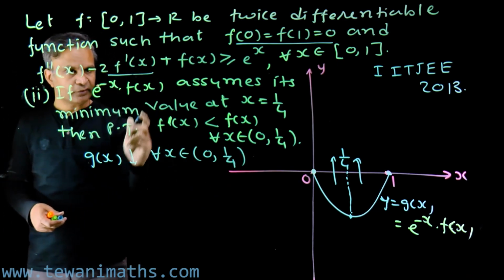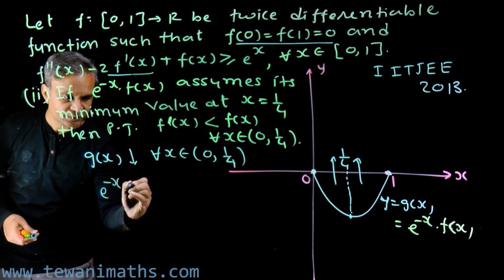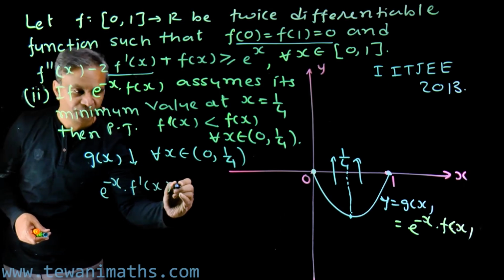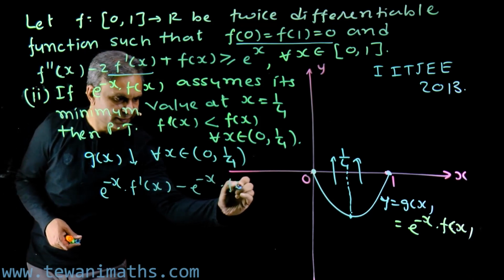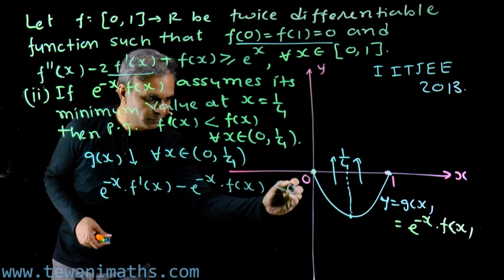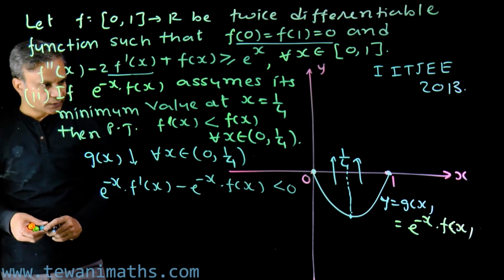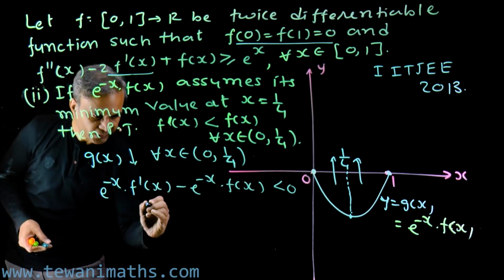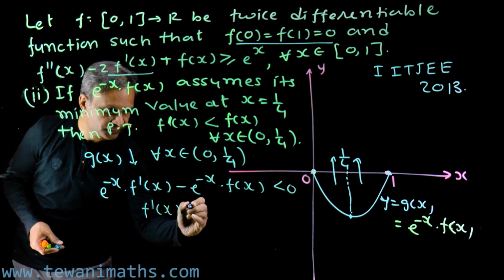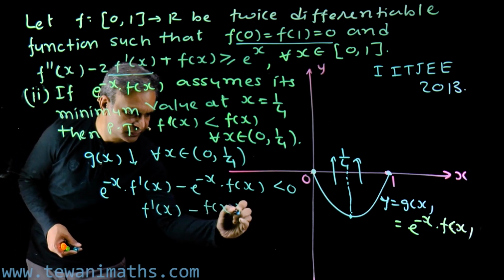The derivative of gx is e power minus x into f dash x minus e power minus x into fx. This is less than 0 for these values of x. So from this we get f dash x minus fx less than 0.